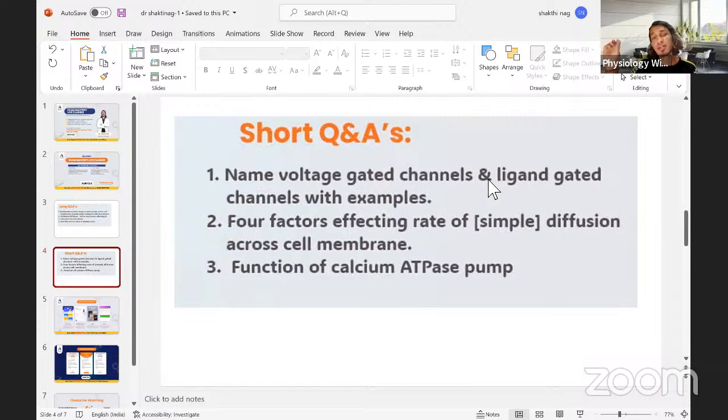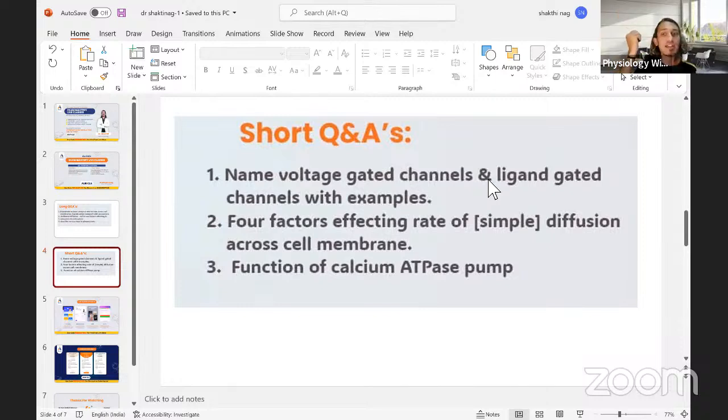Ligand gated means if a ligand comes and attaches, then it opens up. A classical example of a voltage gated channel is a voltage gated sodium channel. When the threshold level of your action potential is reached, voltage gated channels are opened up. Voltage gated sodium channels, to be more precise. That will result in action potential.